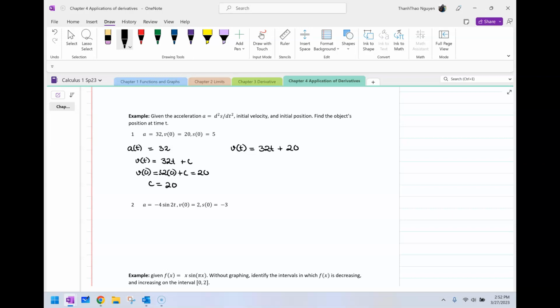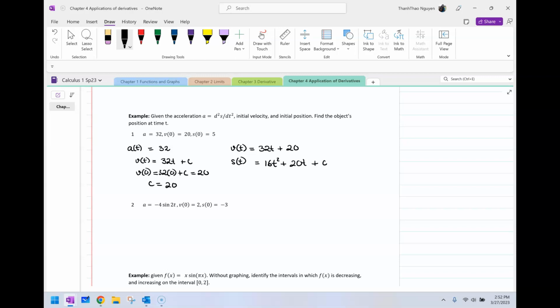Remember, the velocity is the derivative of the position. So for the position function, what do you need to take the derivative of in order to get 32t? That'll be 16t squared plus 20t plus a constant, whatever that value is, right? And let's double check. Derivative of 16t squared is 32t.